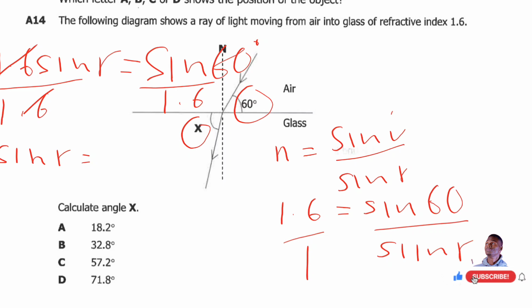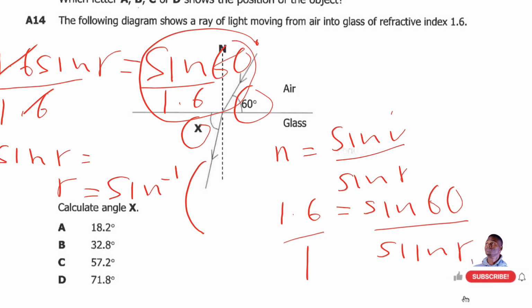Or you can find the sine inverse on both sides, so r equals sine inverse of sine 60 over 1.6 in brackets. Substitute it the way it is and you will find the same answer. Shift on your calculator, sine inverse, open bracket, sine 60 divided by 1.6, close. You get sine inverse of 0.54.